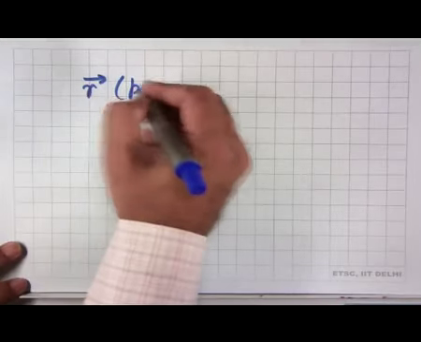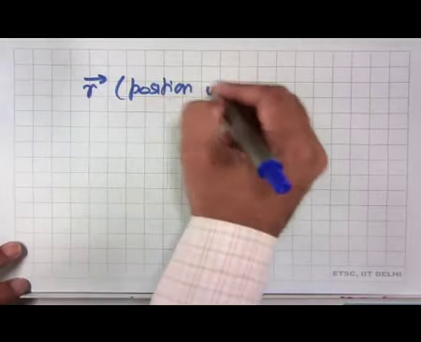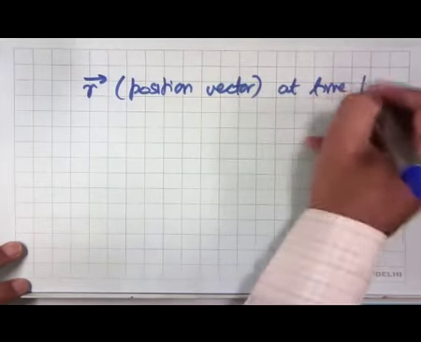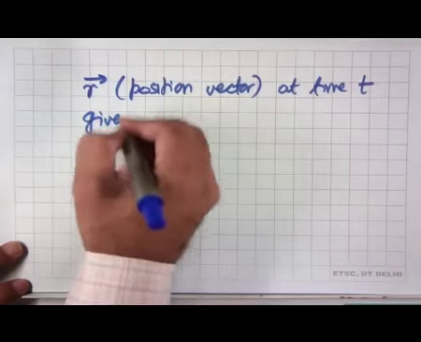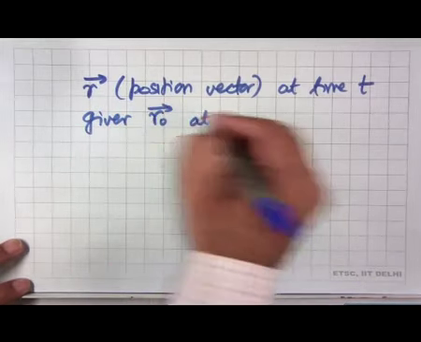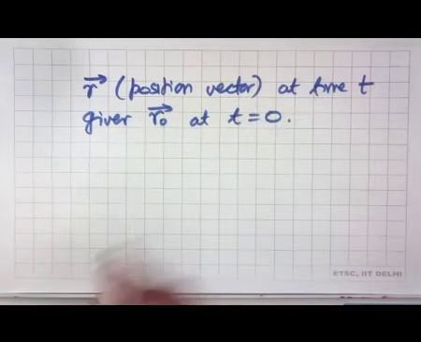So, we want to find the position vector r at time t, given that position vector is r0 at t equal to 0.